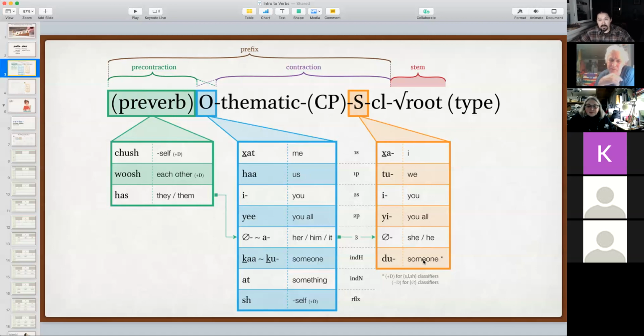Or someone. Yeah, and so this is old. I gotta update this. So this should say fourth person human, fourth person non-human. So this means it happens to people, and this means someone is doing it or it happened.